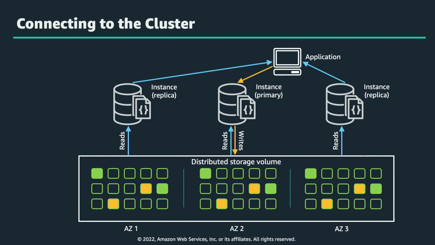So the recommendation is always connect to the cluster endpoint, and connect in replica set mode. If you're familiar with replica sets in MongoDB, it's the same idea here. Connect in replica set mode, and we recommend connecting with a read preference of secondary preferred. If you do all of those things, your client application, through the SDKs, is going to be able to discover the topology of the cluster.